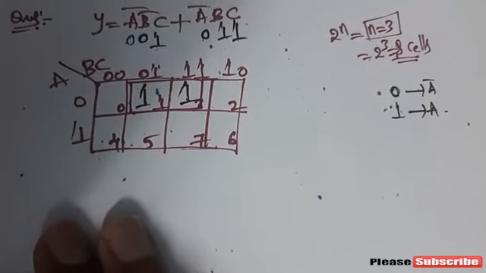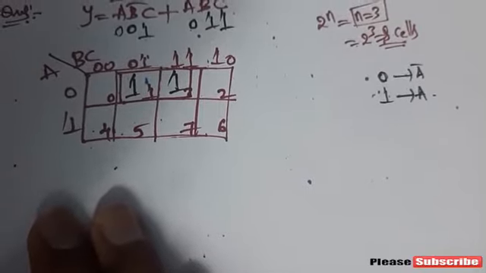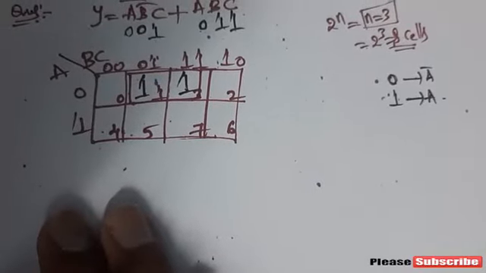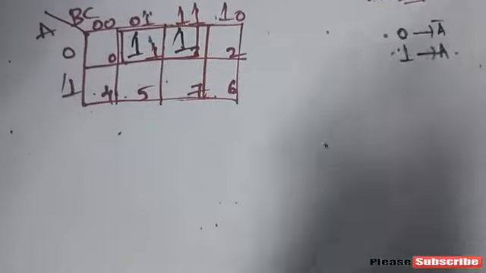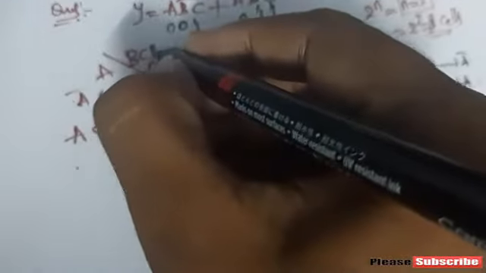You just apply the common Boolean reduction method. Let's see the shortcut method first. This will be A bar, this will be A, B bar C bar, B bar C, B C, B C bar.